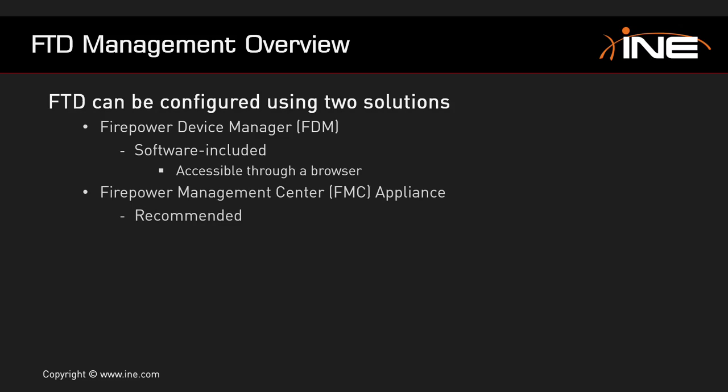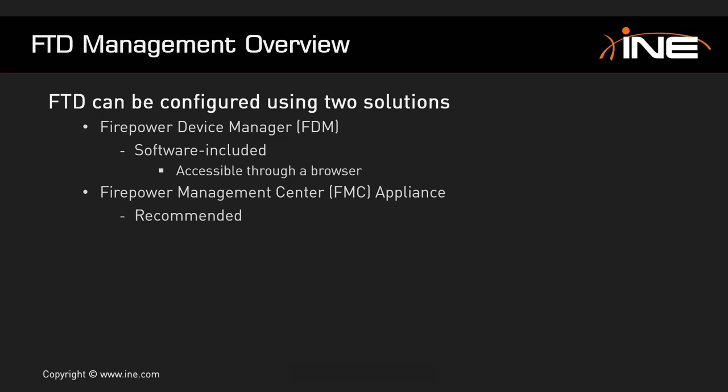which is known as Firepower Management Center, abbreviated as FMC, which is a standalone appliance. So an additional appliance that you will have to deploy in the network that is capable of controlling multiple sensors or just multiple FTDs. Okay, so in this case, the situation is going to be slightly more complicated.